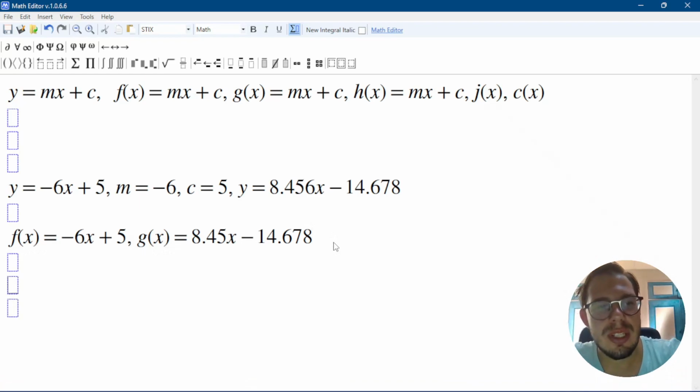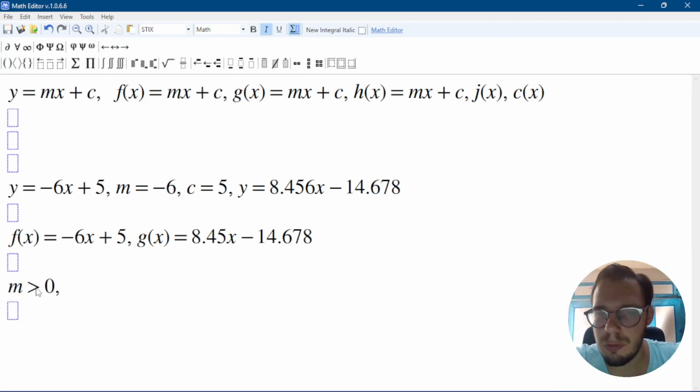So you'll maybe have seen that in this case m is positive, but in this case m is negative. And here c is positive, but here c is negative. So if m is greater than 0, then the linear function has a positive gradient. But if m is less than 0, then the function has a negative gradient.